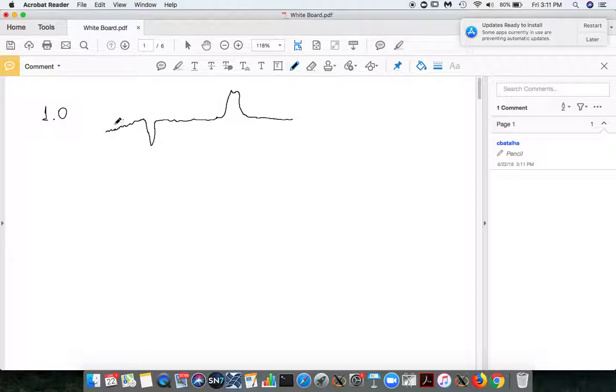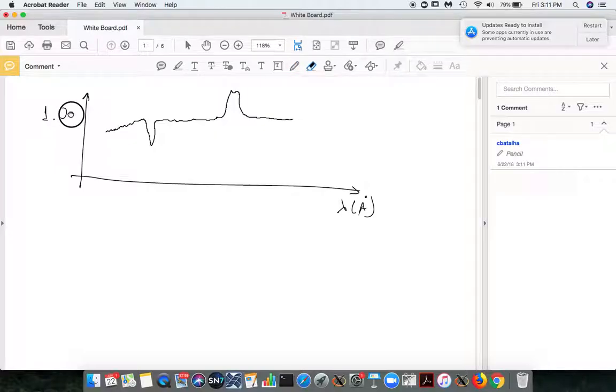What we want to do, let's say this flux is given. This is wavelength in angstroms, and the flux here is in units of ergs per centimeter square per second per angstrom.